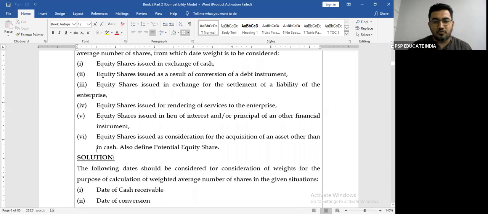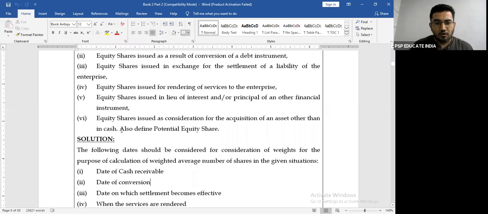And finally, the last one, equity shares issued as consideration for acquisition of another asset other than cash. What about the last one?